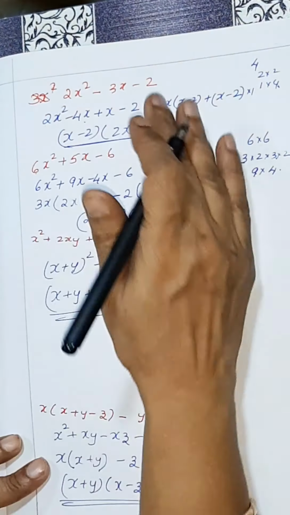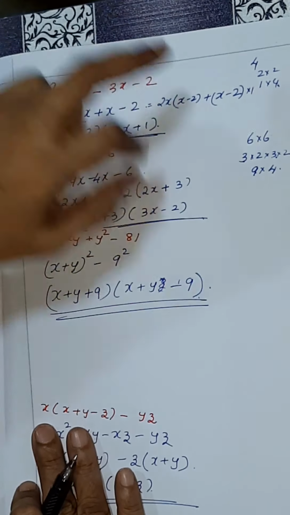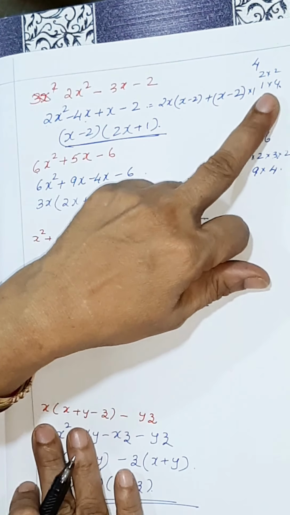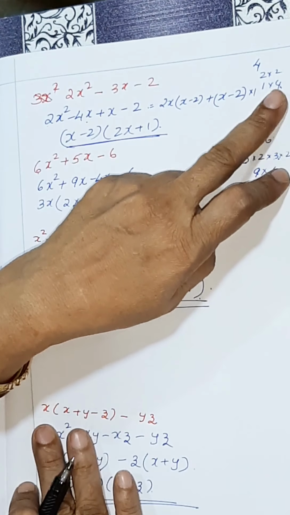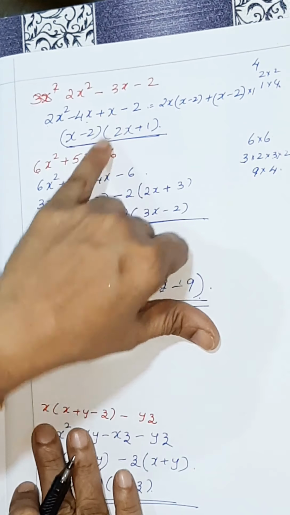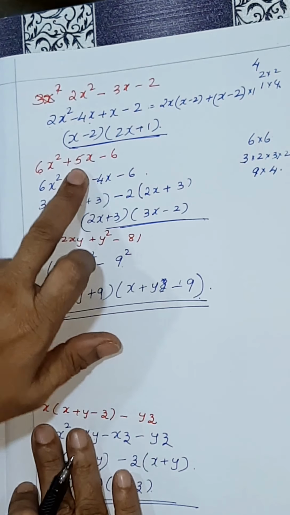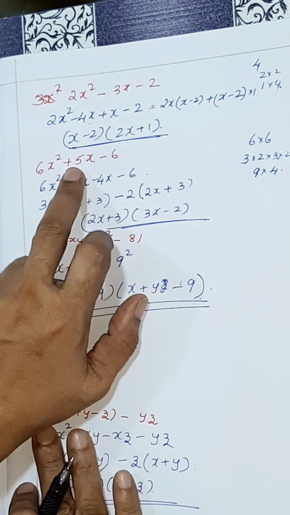Hope you understood this. In these two problems, your constant term was negative. So you took the factors as 1 and 4, and since this was negative, you put minus 4, the bigger factor as a negative. So minus 4x and plus x. In this, the constant term was negative, and here it was positive.